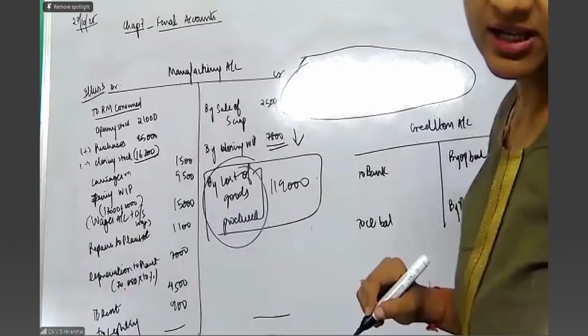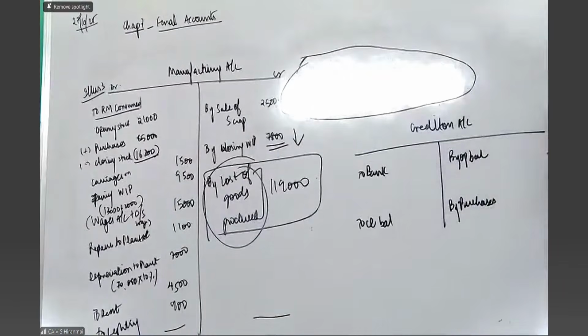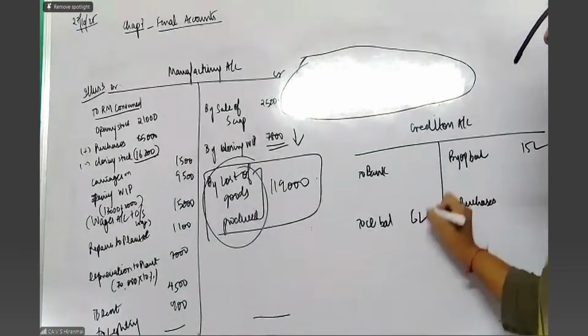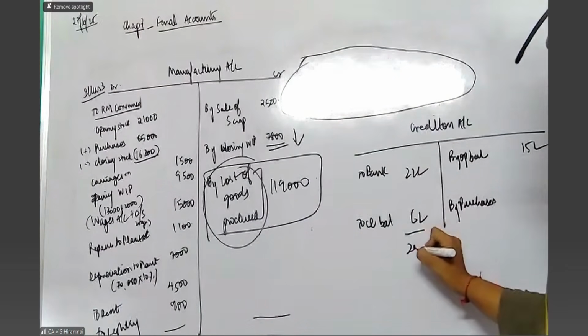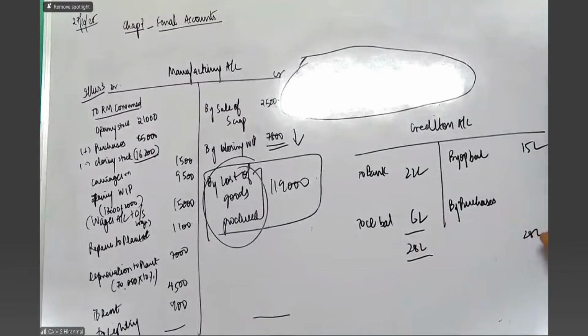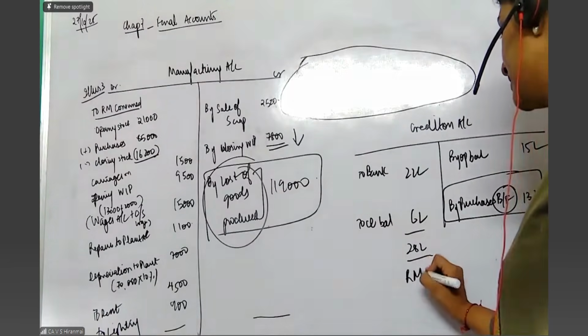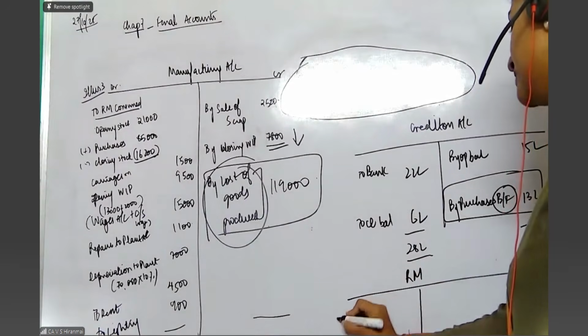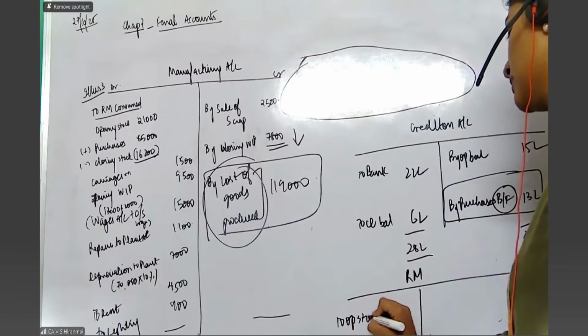What are the values? What is the opening balance? 15 lakh, 6 lakh, 22 lakh. So 28 lakh, 28 lakh minus 15 lakh is 13 lakh, the purchases balancing figure. Good. Now let us go to raw materials account. This is opening stock.